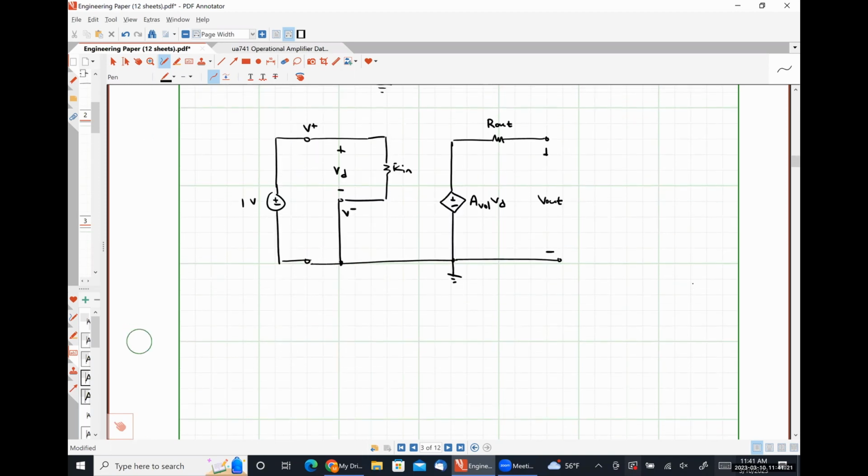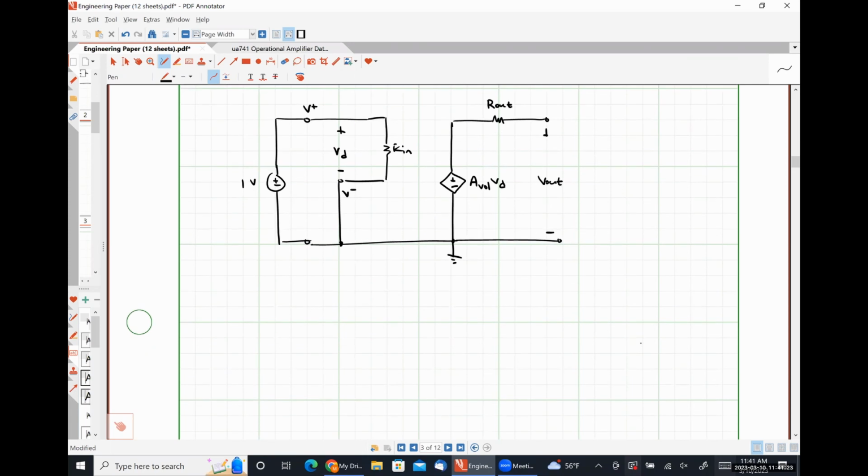So let me write some stuff down here. V out does not equal 100,000 volts. That would be wildly dangerous.